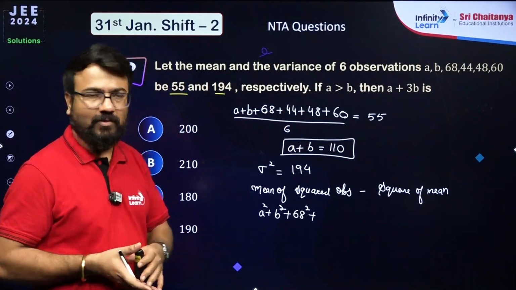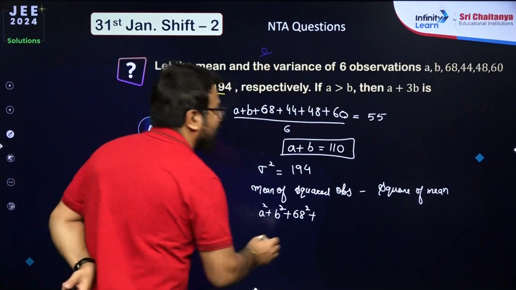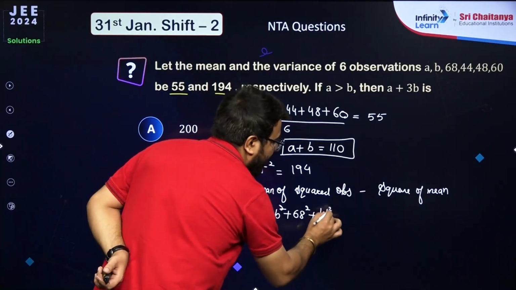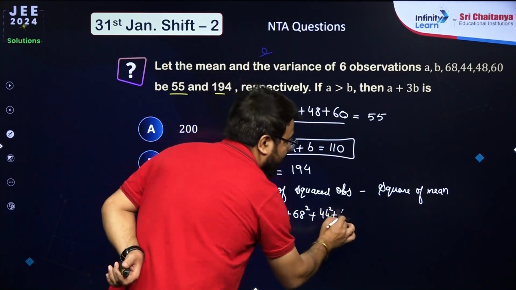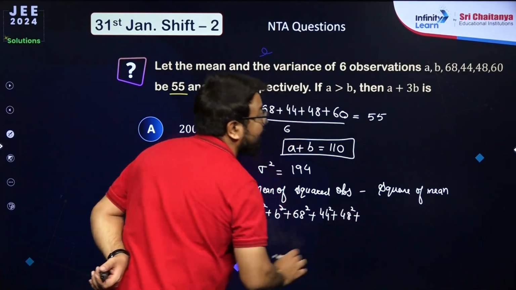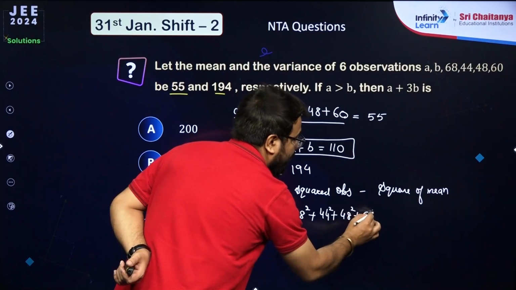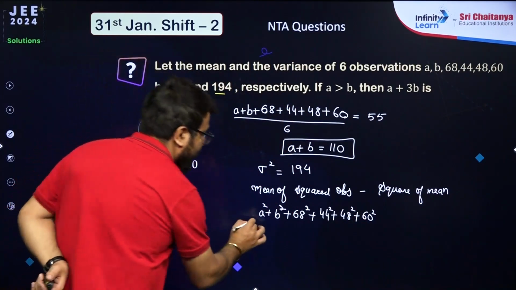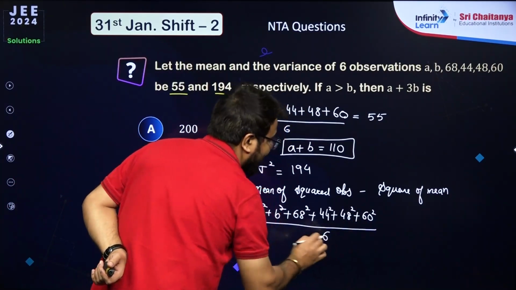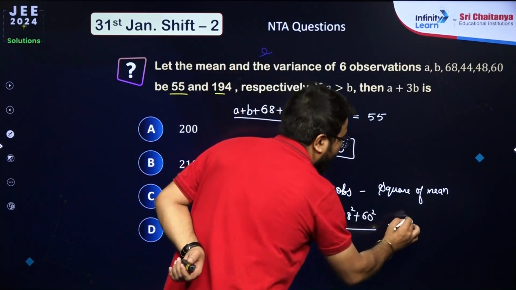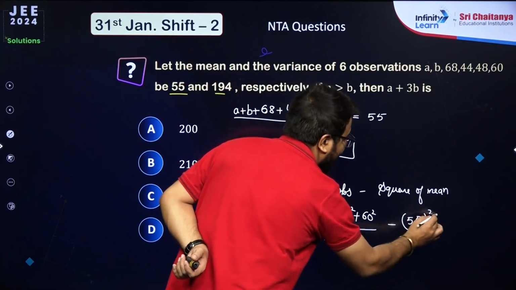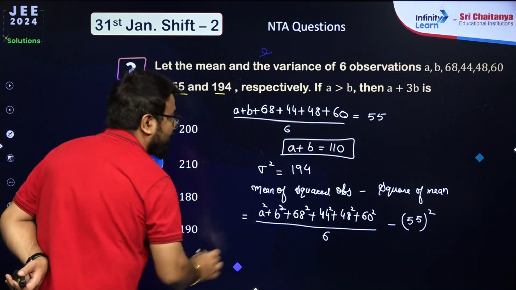In that way also you can do it, and the calculation will be almost the same. These are the 6 observations, so the sum is divided by 6, minus the square of the mean, that is 55 square, and this gives us the variance.